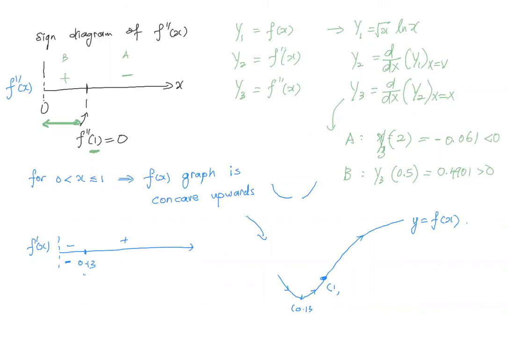So you won't be fooled by the graphic calculator. From 1 onward, the graph is going up. You see here, going up and concave downward.